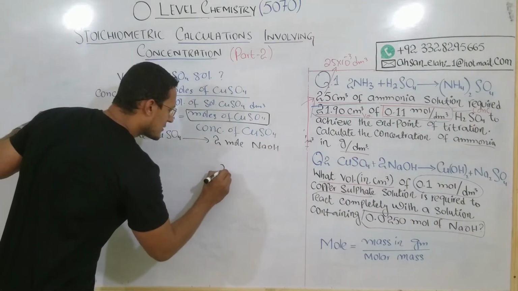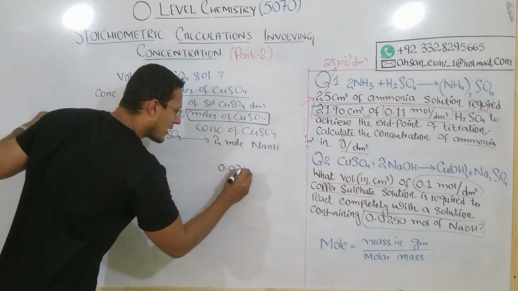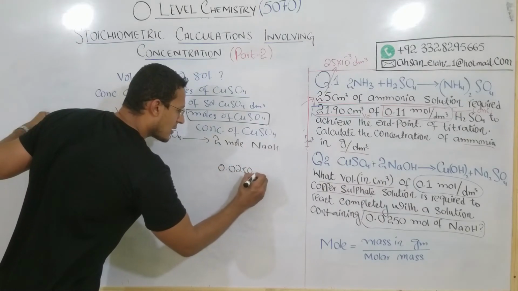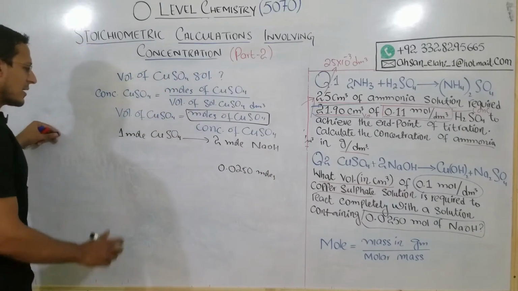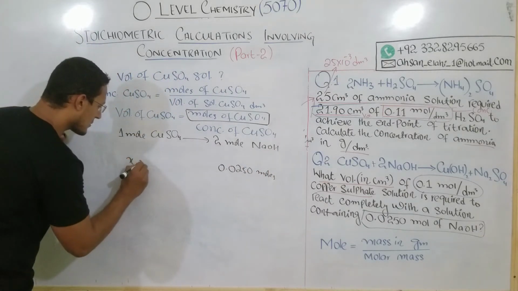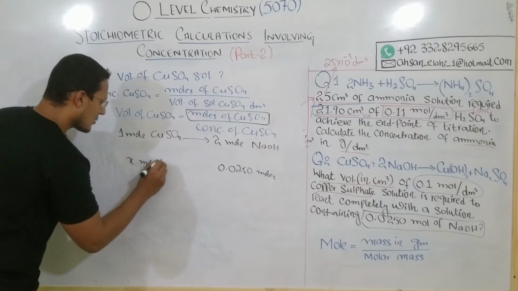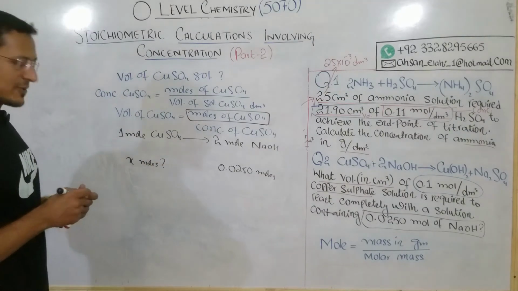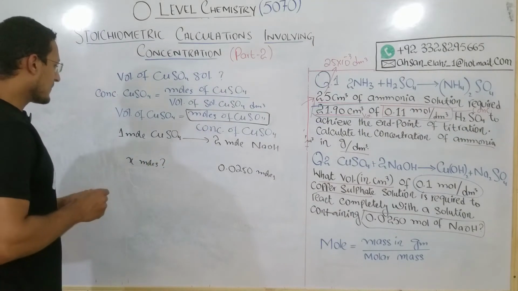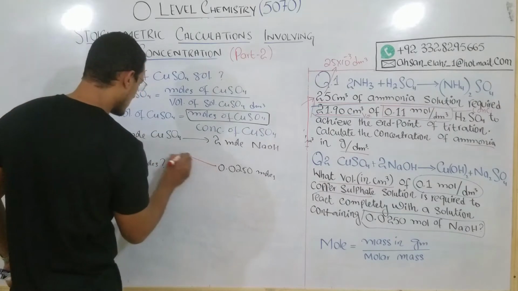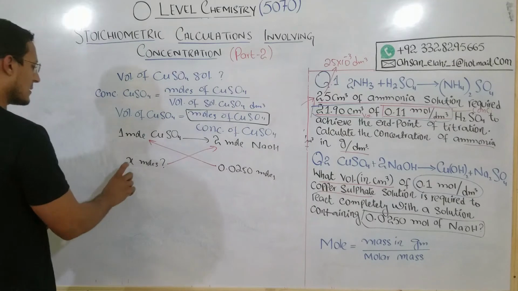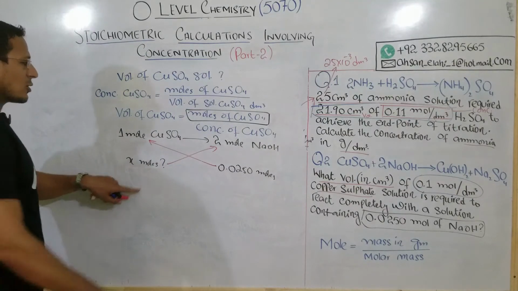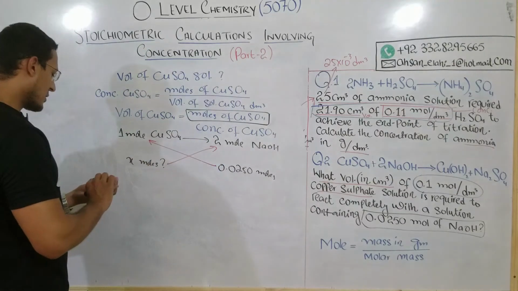We have 0.0250 moles of sodium hydroxide and we have to find the moles of copper sulfate. So we will use the same method, cross multiplication, because we need copper sulfate in moles, so all units should be in moles, which is already in moles.